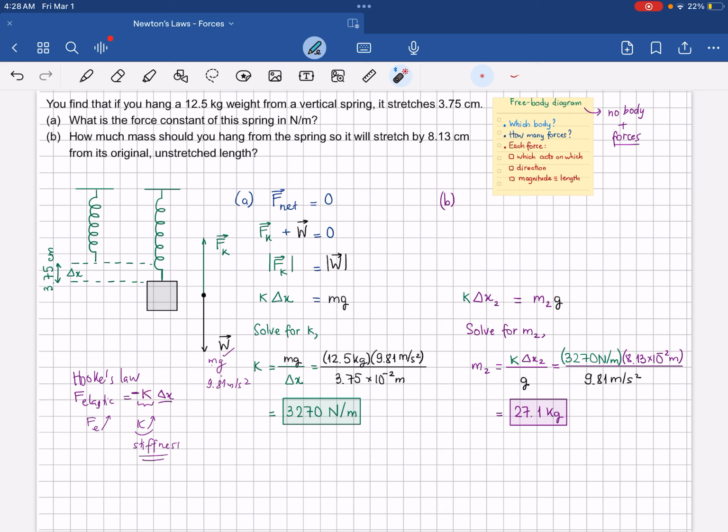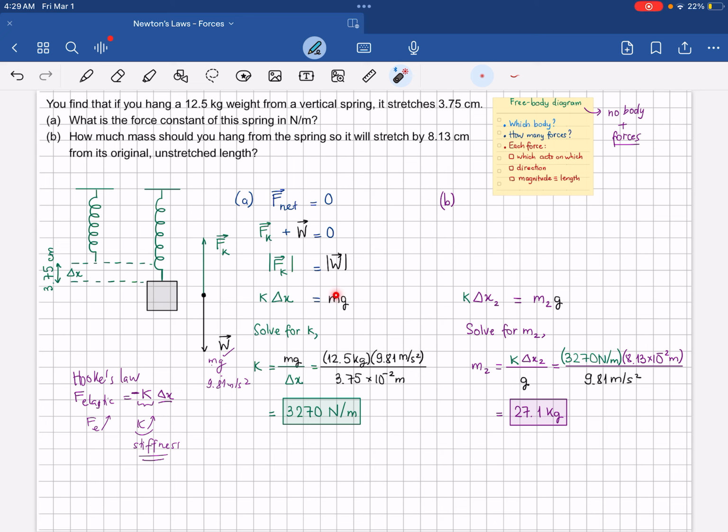Since the block stays still, we apply Newton's second law, F net equals 0. We have just these two forces, and they should cancel each other. So they should be equal in magnitude, as strong as each other, and point in opposite directions, making the net force 0. So this one is left with k delta x equals mg.